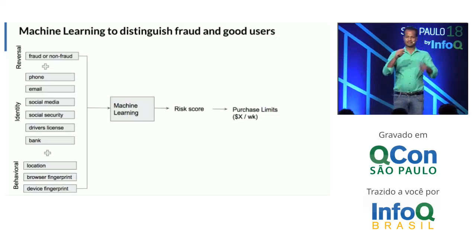Then we take the driver license and extract the name and address from it. We take the bank and, in cases where we can, identify the name and address behind the bank account. As you can see, what we are really trying to do is identify whether the names and addresses across all these sources match or don't match.